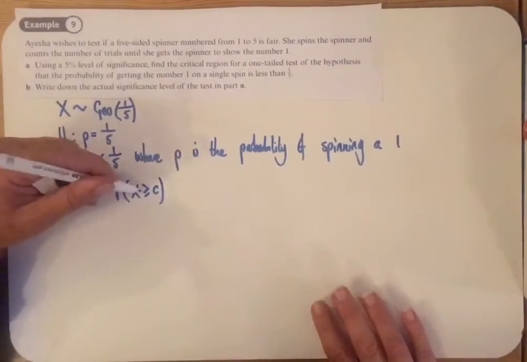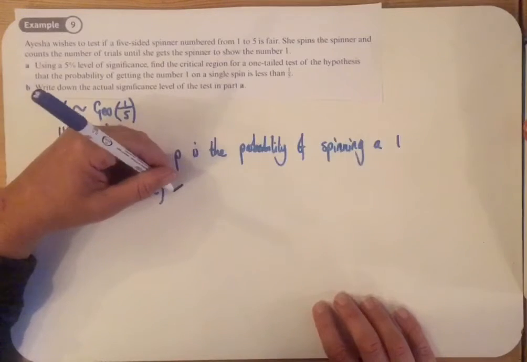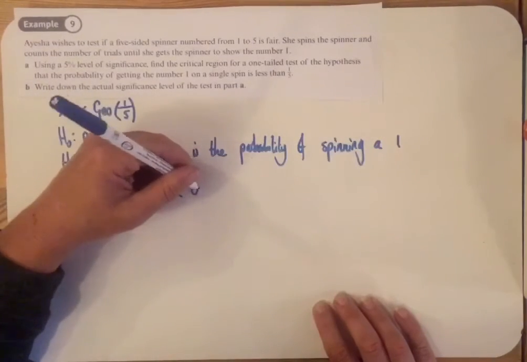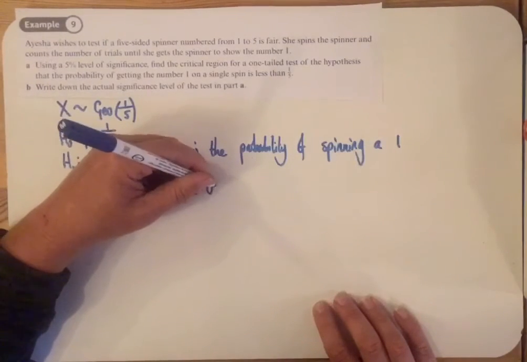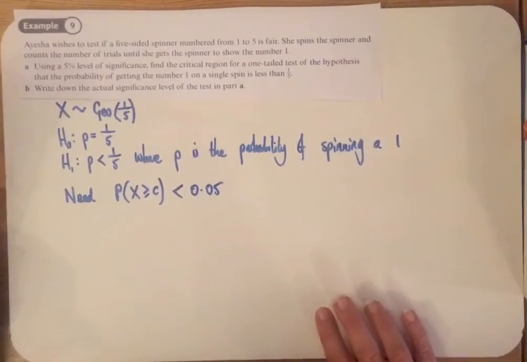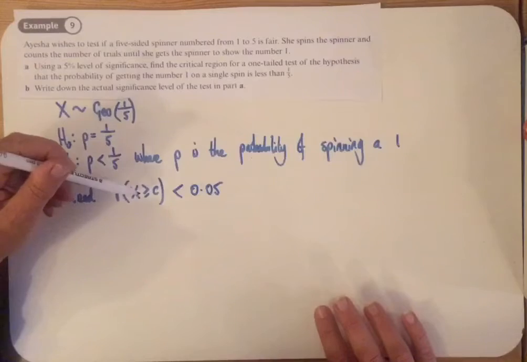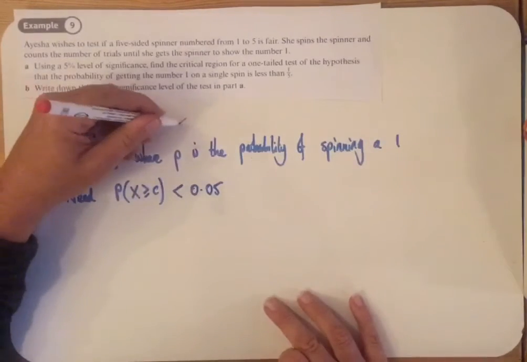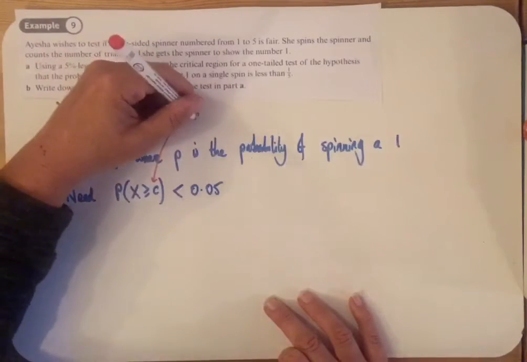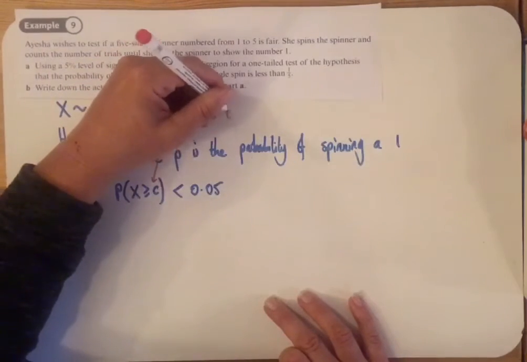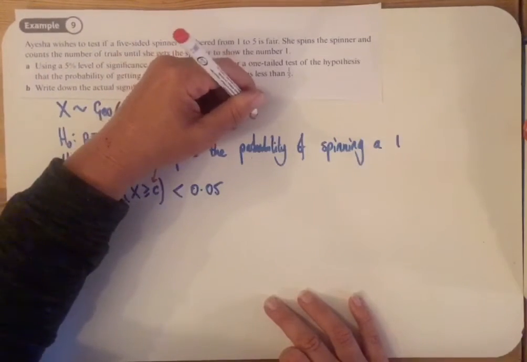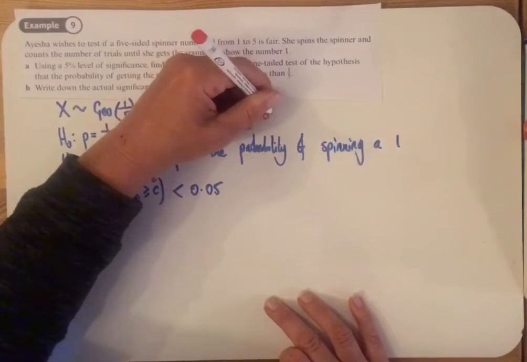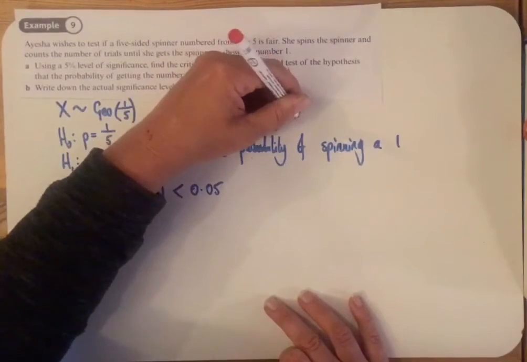And we want that probability to be less than 0.05, which is 5%, the significance level. The probability that x is greater than or equal to c, so c is the critical value. So it's the point you go from accepting the null to accepting the alternative.